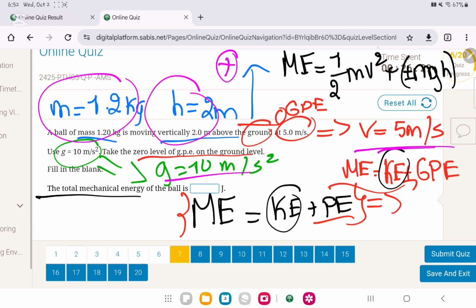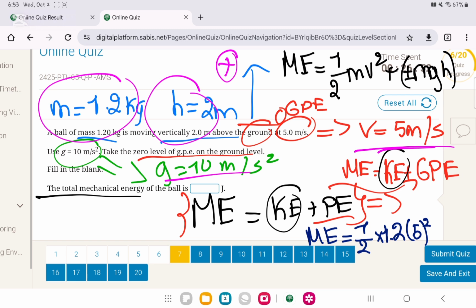So very simply, we can directly substitute. We are gonna get mechanical energy is equal to 1 over 2 the mass, which is 1.2, the velocity, which is 5 meters per second. We're gonna square the velocity, so it's gonna be 5 squared.